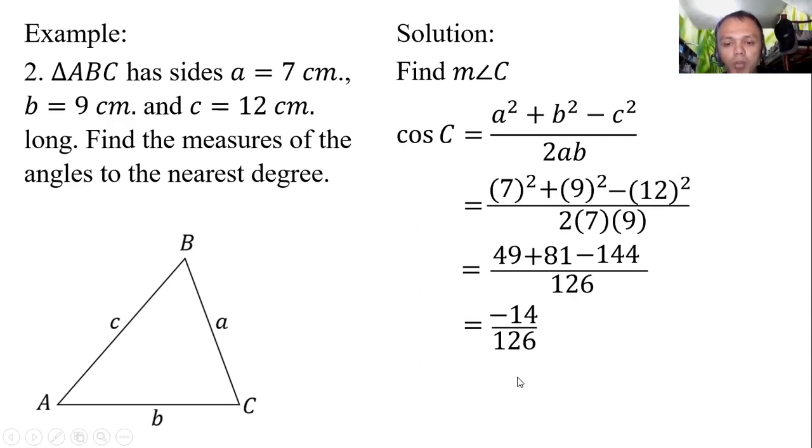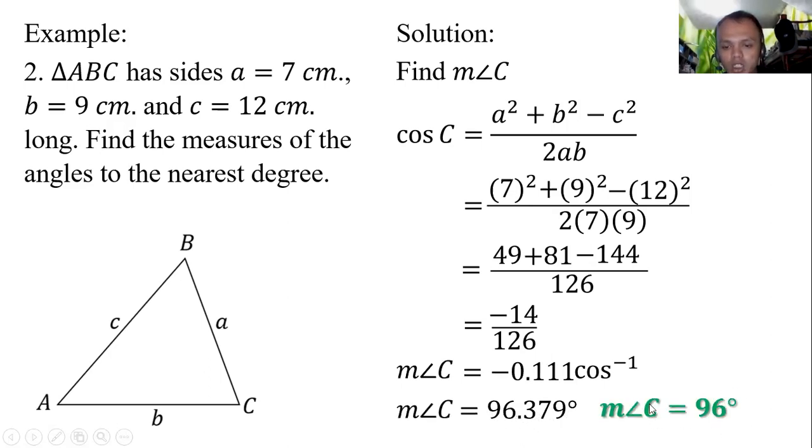Negative 14 divided by 126 would be equal to negative 0.111. What is the cosine inverse of it? We have 96.379 degrees, or 96 degrees.